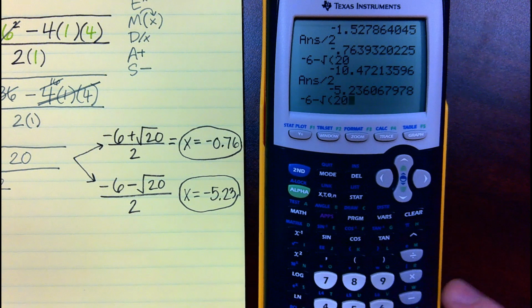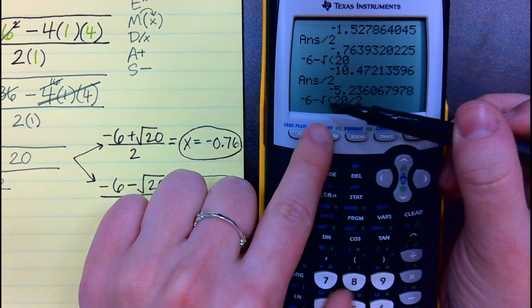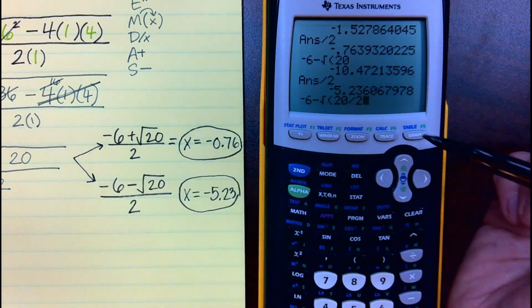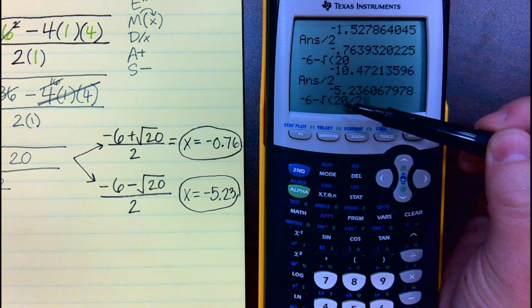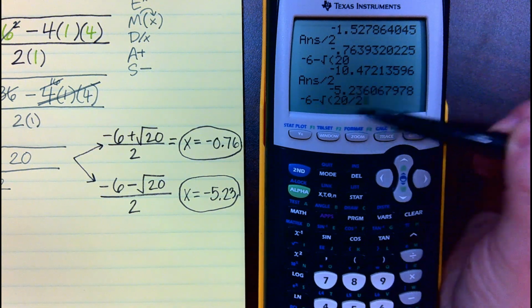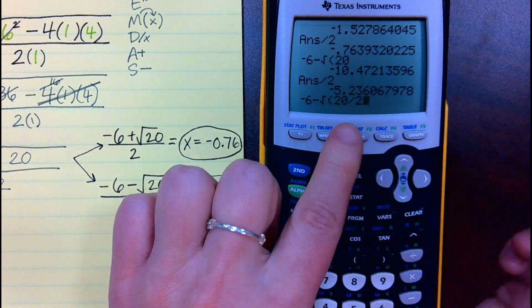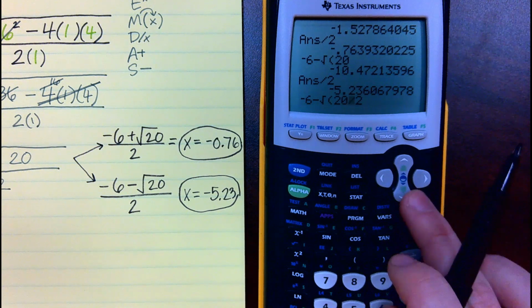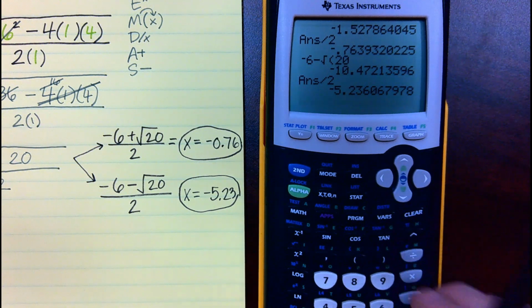If I just divide by 2 right away, my calculator reads this as the square root of 10, because we've got 20 divided by 2 all in the square root. So you need to hit enter first, then divide by 2.